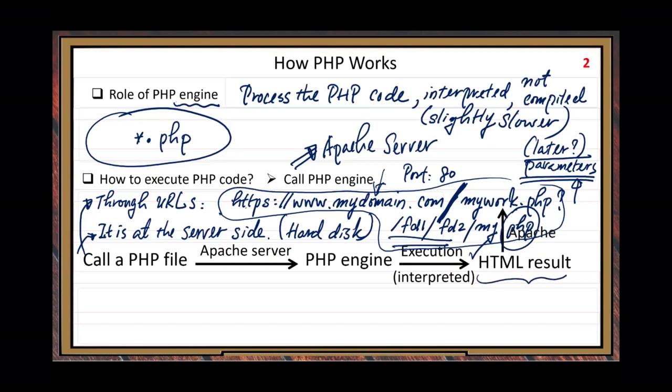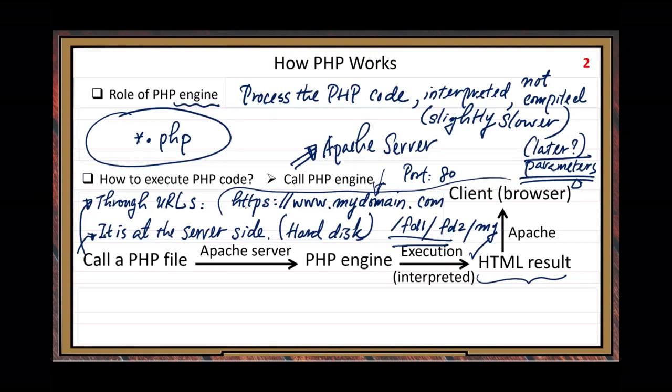The HTML content is sent back to Apache, and Apache sends that back to the client web browser for display. So Apache sends the HTML content back to the user, because the user typed that URL.